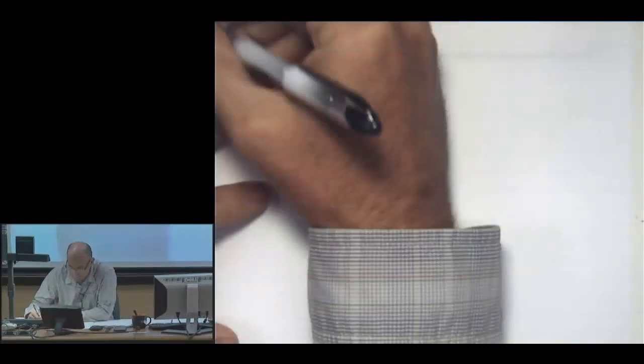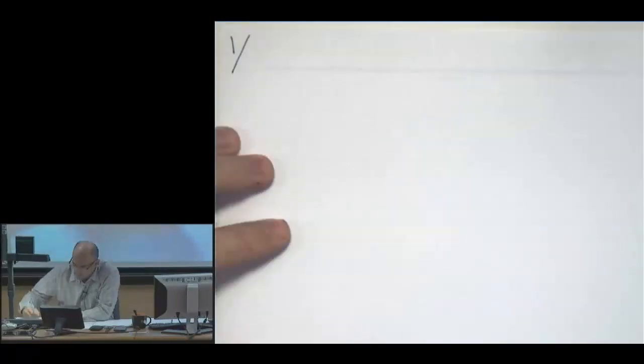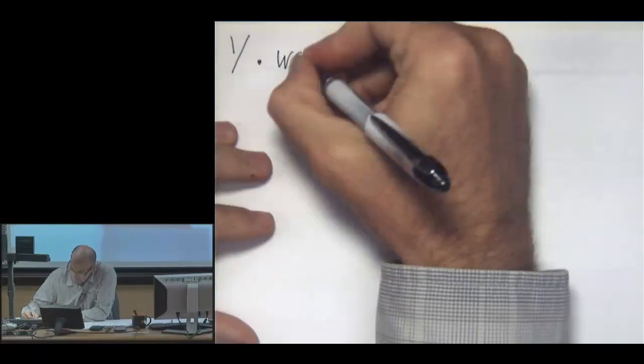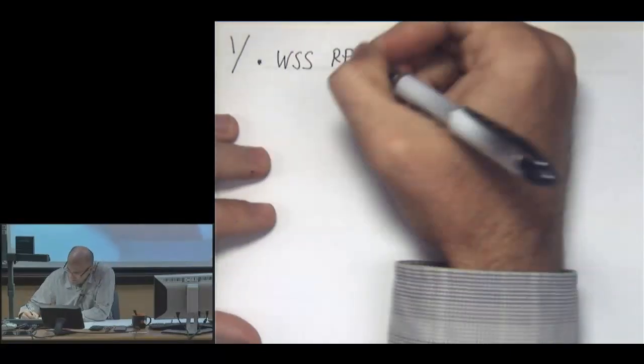With that, let's get started on completing the previous lecture's material on random processes. Last time in the lecture, we talked about wide-sense stationary random processes.